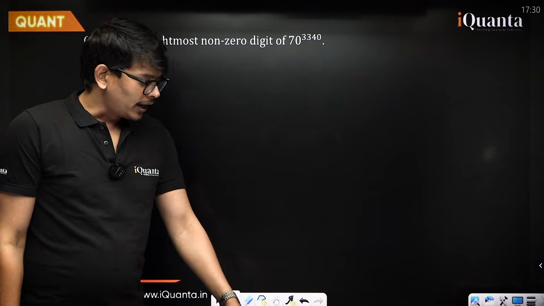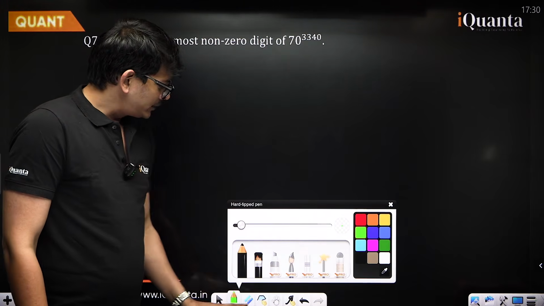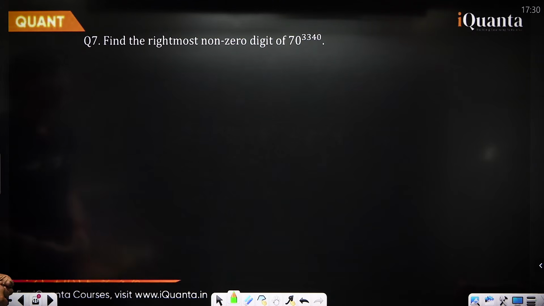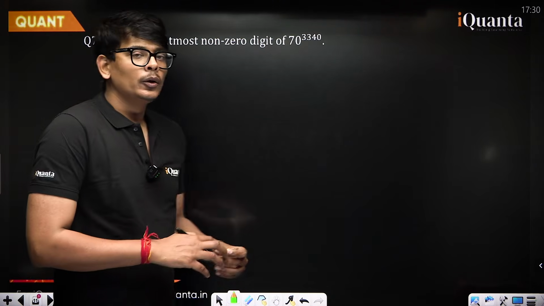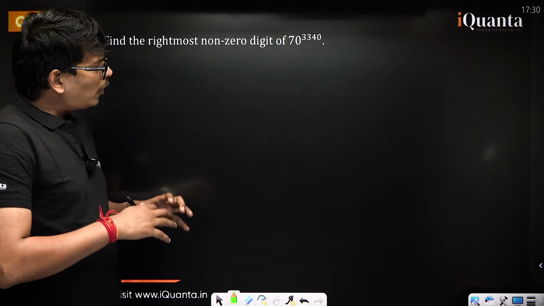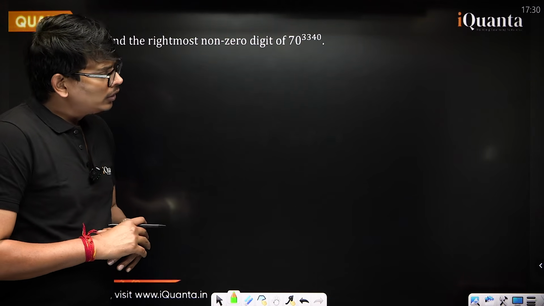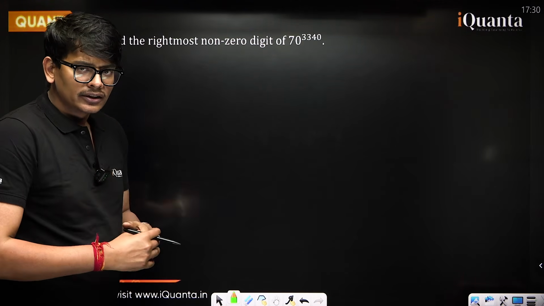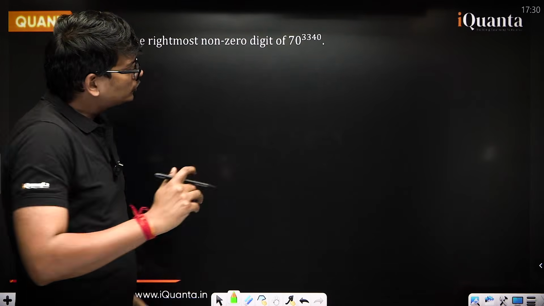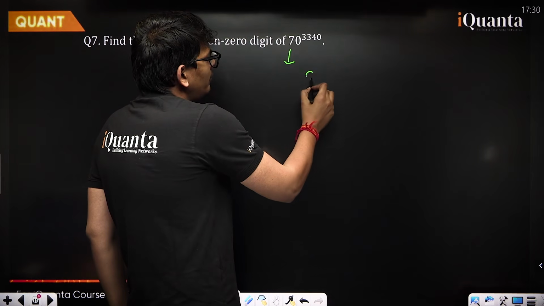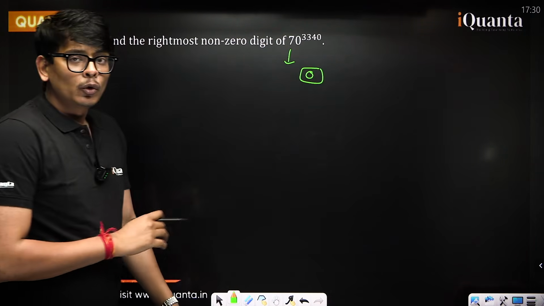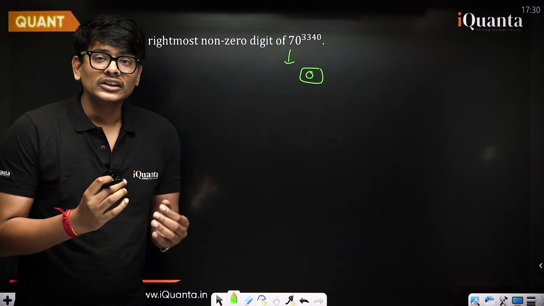Next question and the last question. So the question says find the rightmost non-zero digit of 70 raised to the power 3340. Now if you observe, this number ends with 0, so obviously any power raised to this always ends with 0. So the unit digit of this expression will be 0. But the question setter is asking for the non-zero digit.